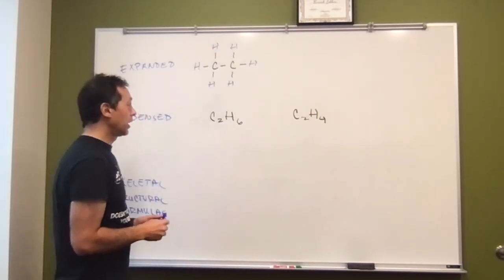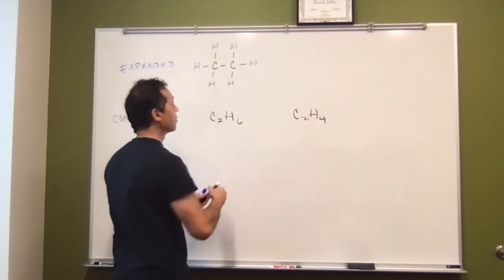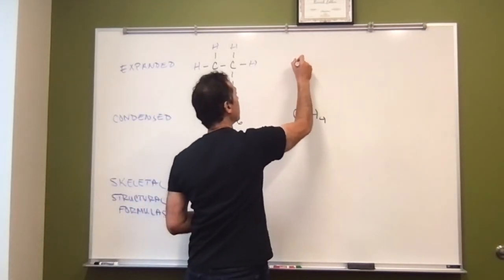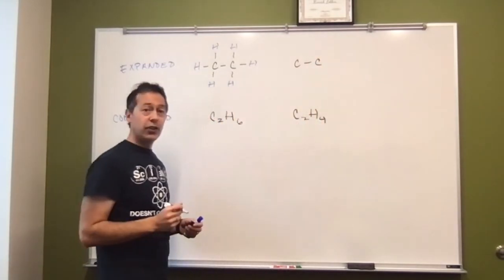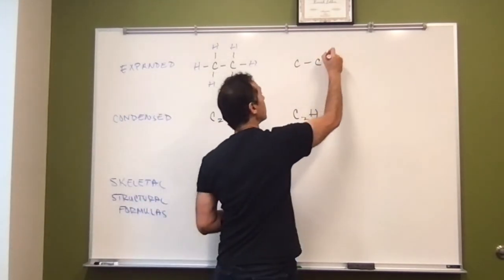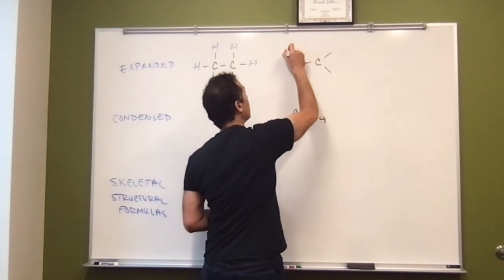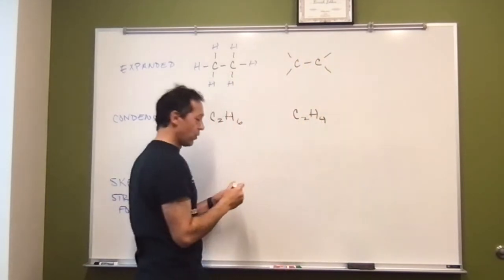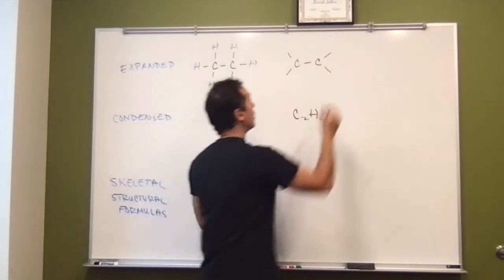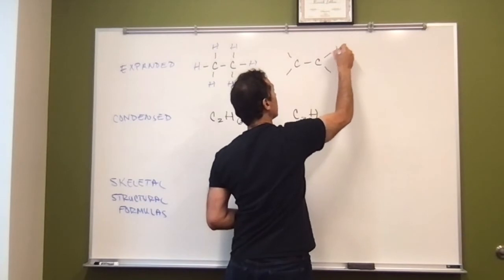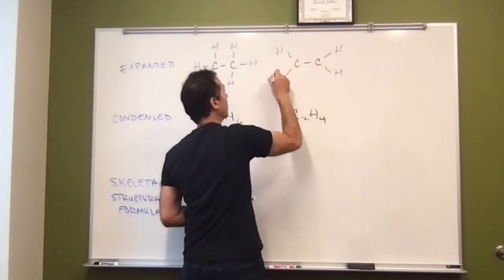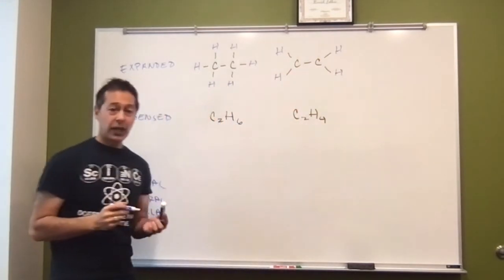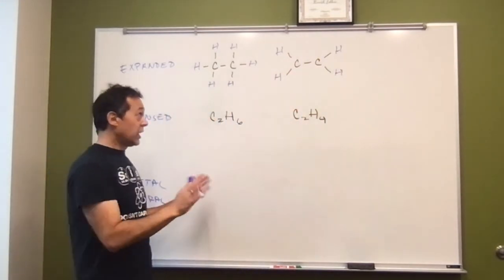So, there's 2 carbon atoms, so I'll draw these 2 carbon atoms joined together, carbon attached to a carbon, and then there's 4 hydrogens. So I'll just spread these out here. And we'll go with our 4 hydrogen atoms like this. Now, are we done?